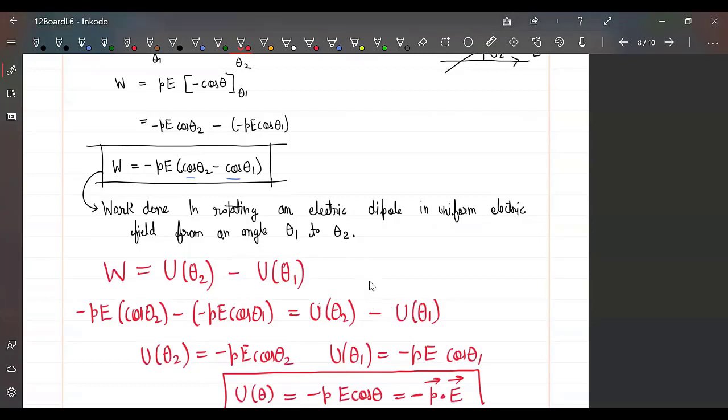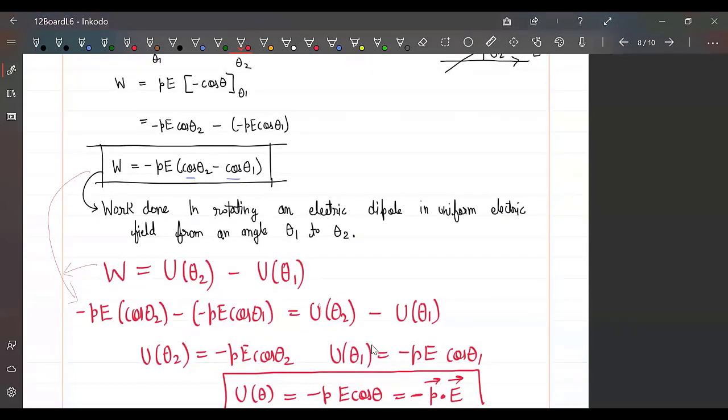Since this electric field is a conservative force, we can write work done as change in potential energy. And comparing this relation with the work energy theorem, we can write the potential energy is equal to minus PE cos theta 2 when angle is theta 2 and minus PE cos theta 1 when angle is theta 1.